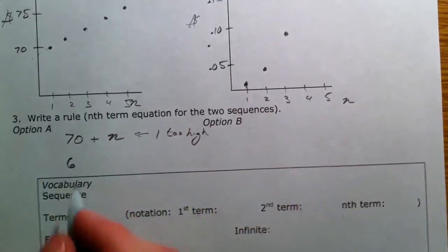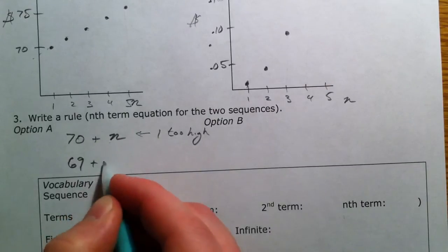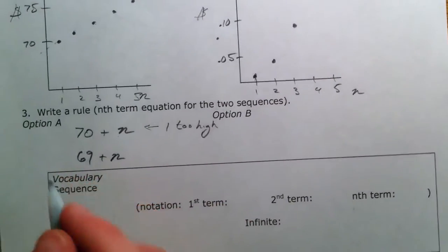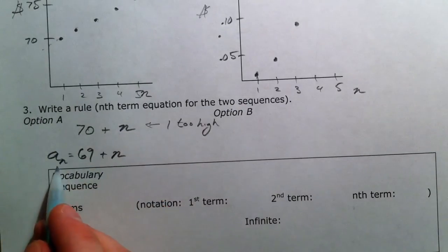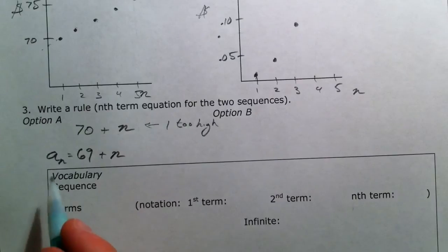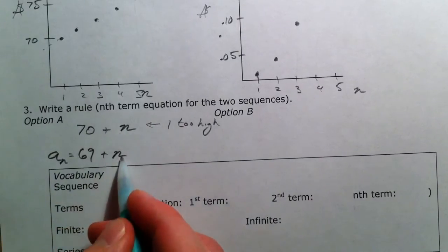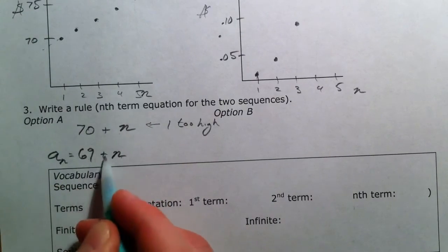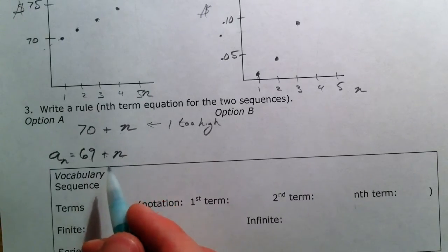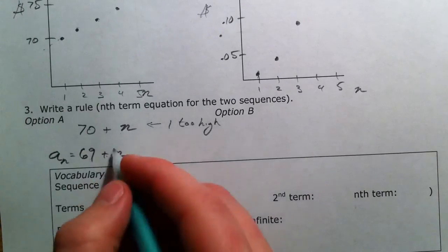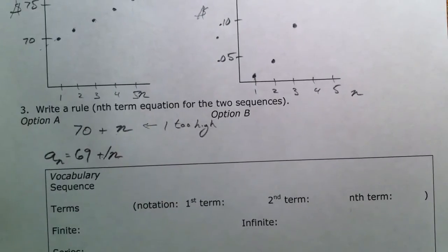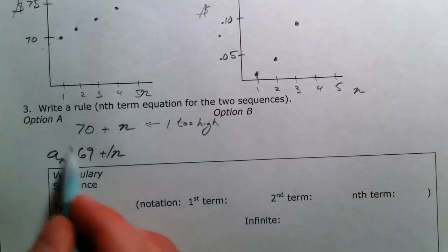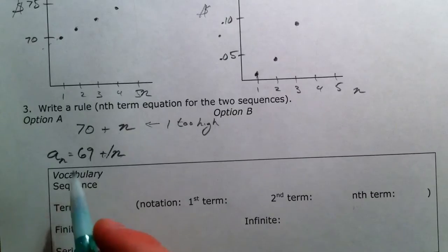And so we actually want to do 69 plus n. So we're going to use a sub n to represent our nth term. And all it is is notation for it. And so if you plug in 1, you get the first term, so 69 plus 1 is 70. And then, if you want to think of this as 1n, we're going to call these arithmetic sequences. I'm going to talk more in depth about that in the next one. But this is our nth term equation.